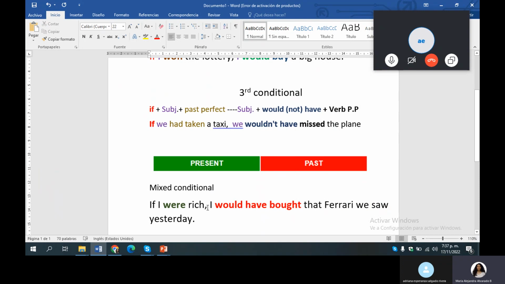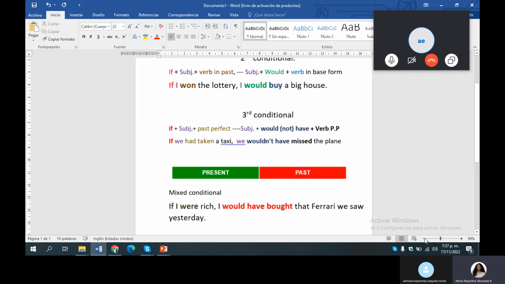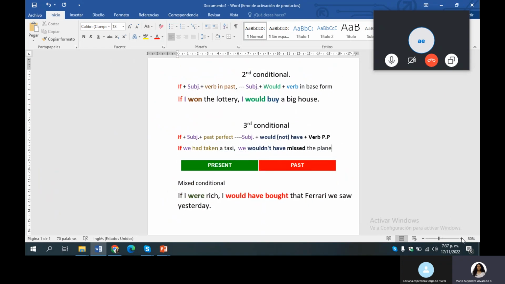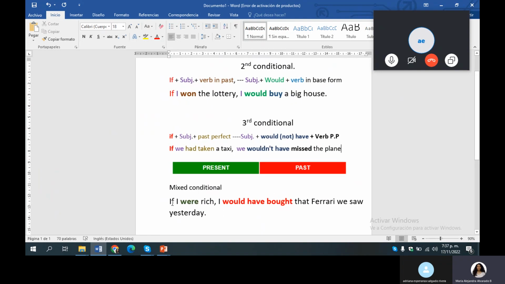Okay, so the first part, here, if I were rich, is in present. This is the second conditional. Es el segundo condicional, ¿cierto? Que aunque nos diga la regla que está en pasado, porque la regla me dice que el verbo lo tengo que poner en pasado, es un condicional en presente. Entonces, se utiliza para unreal situation in present, okay? So here we have present and we have past.